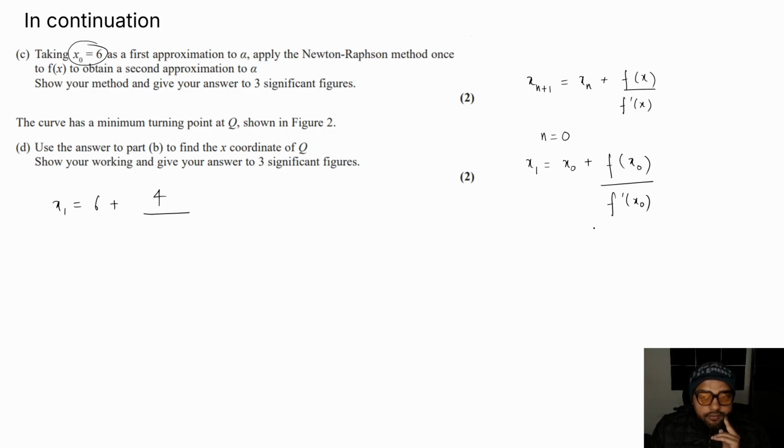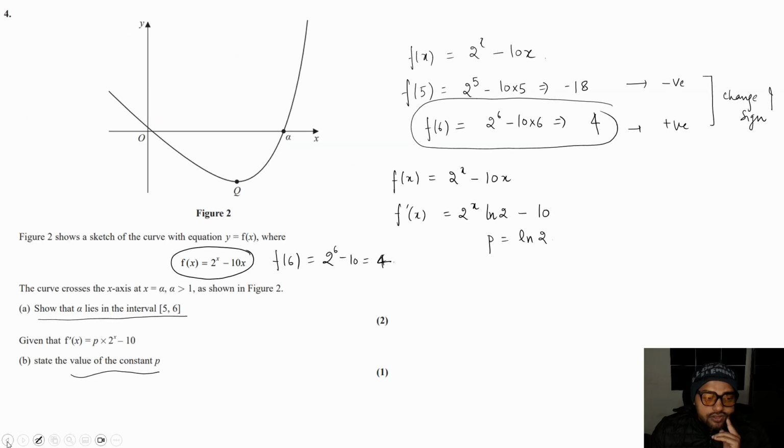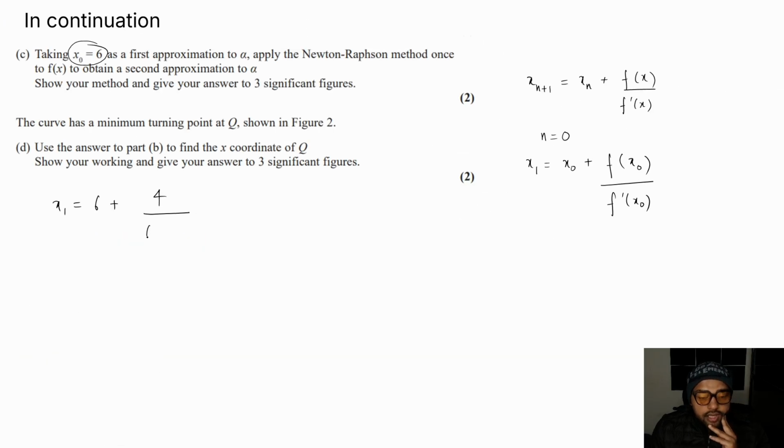And similarly f prime x0, we need to plug in the value of x0 equals 6 in the derivative of f(x), that is this one. So on plugging the value of 6 here, we'll get 64 log 2 minus 10. So we'll write directly here 64 log 2 minus 10.